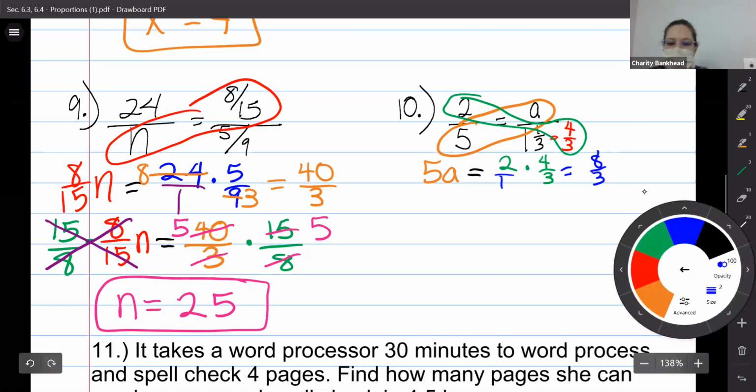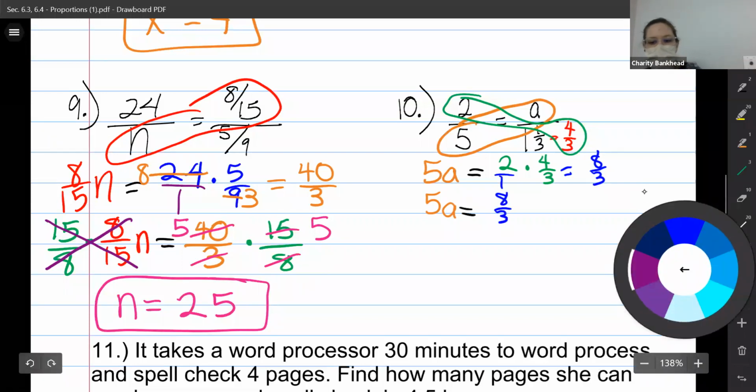So basically 5a is equal to 8/3. So I would need to divide both sides by 5, which is also the same thing as multiplying by 1/5. So a equals 8/15.